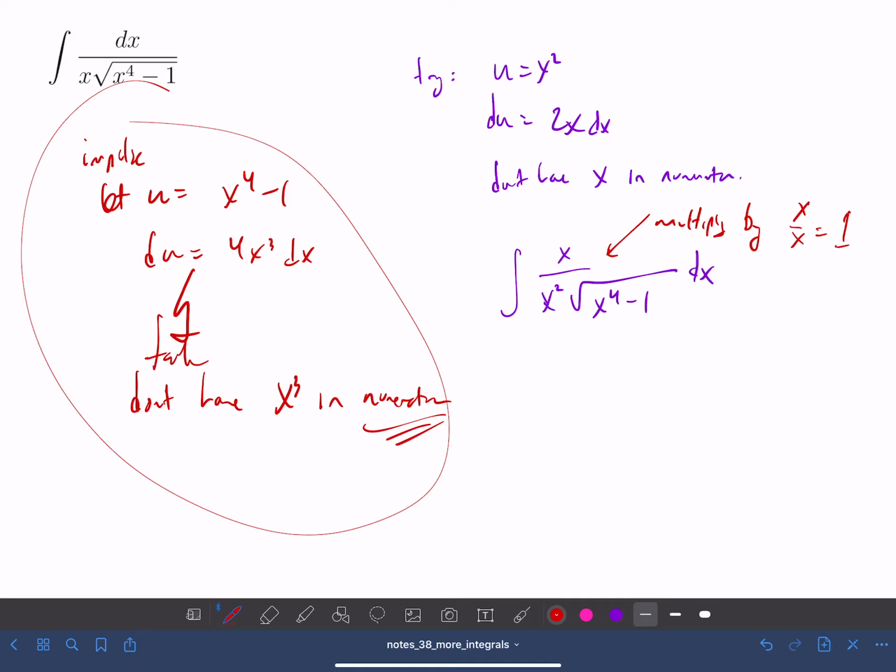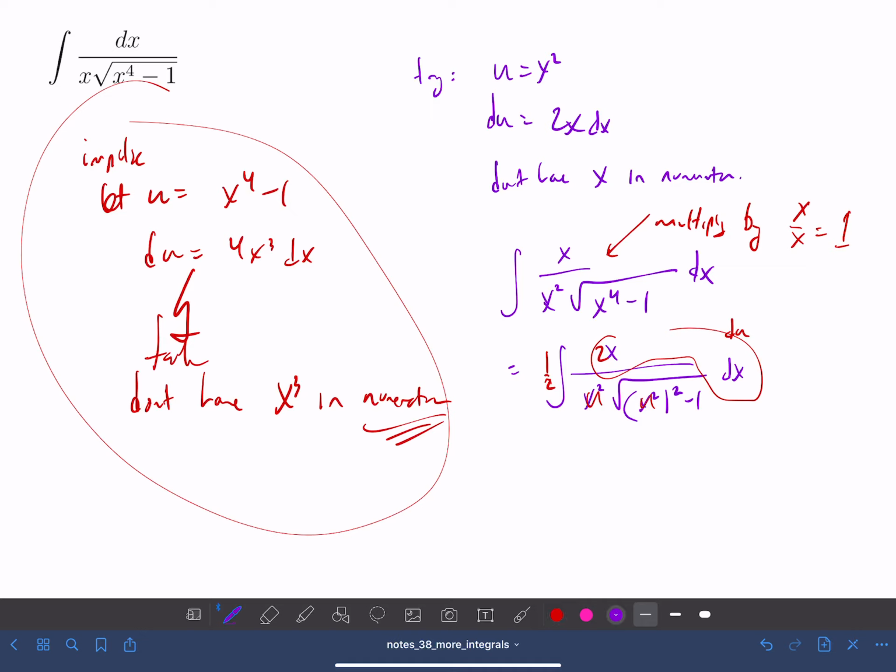All right, so now let's do this. This is the integral of x over x squared times the square root of x squared minus 1 dx. And I've got myself a u and a du.